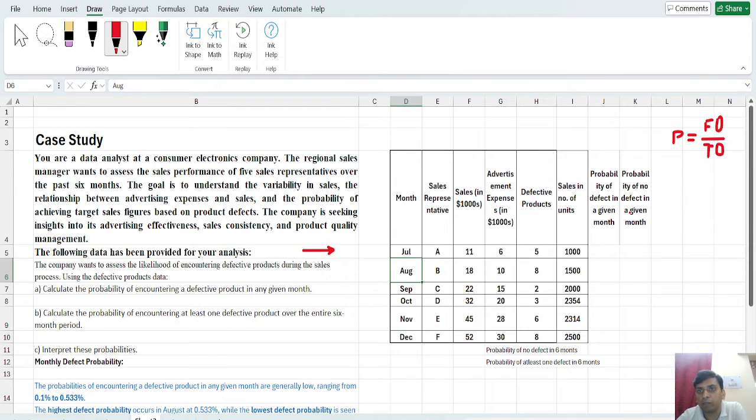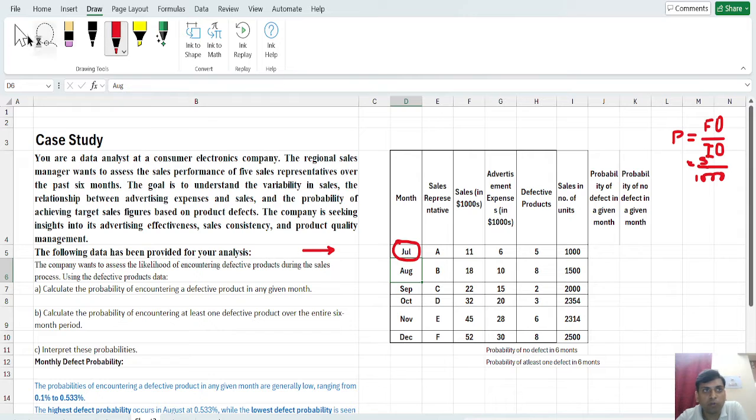Suppose in the month of July the total number of products is 1000 and defective products are 5. In that case, the probability is 5 upon 1000. So in that way, we will find this probability for all these months.